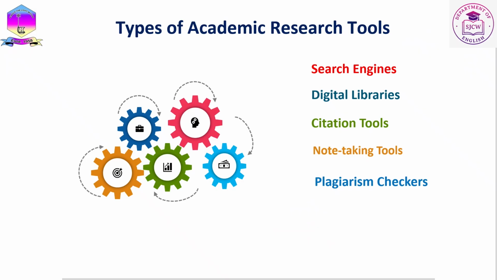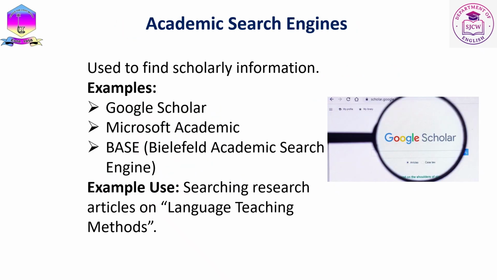Then the types of academic research tools. There are search engines, digital libraries, citation tools, note-taking tools, and plagiarism checkers. These are the various tools used for academic research. Now, academic search engines. On a search engine like Google, you can ask for Google Scholar, Microsoft Academic, and BASE.